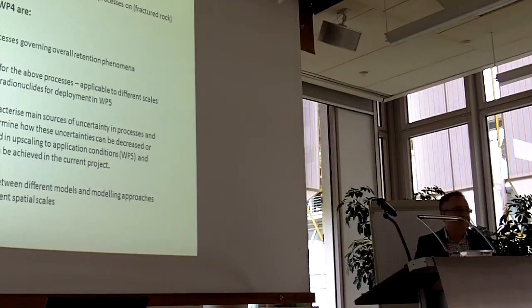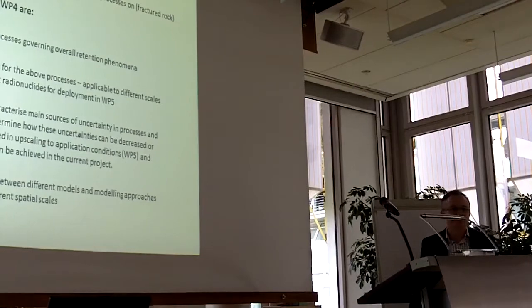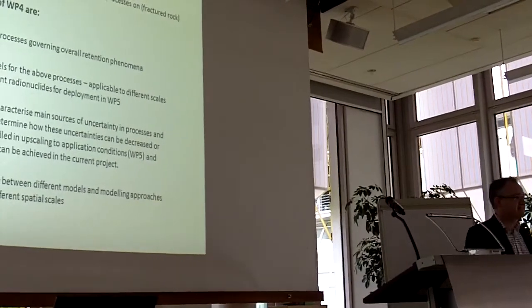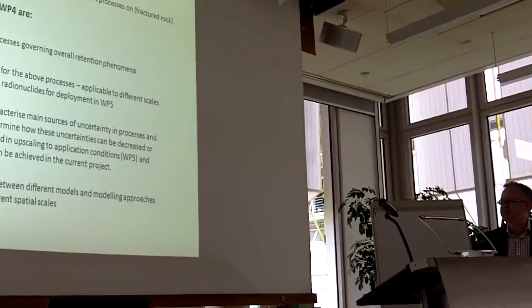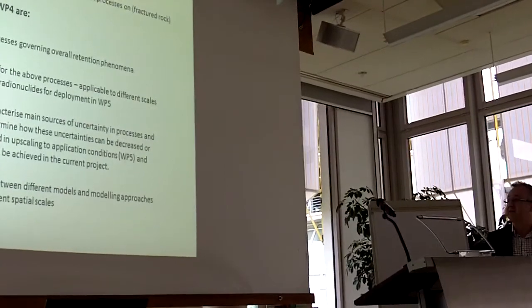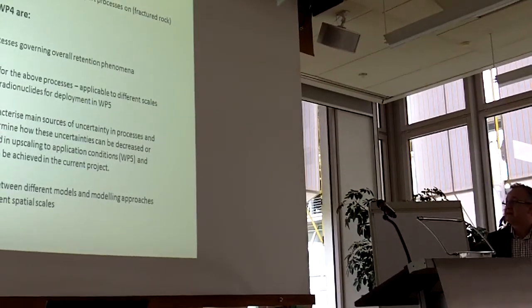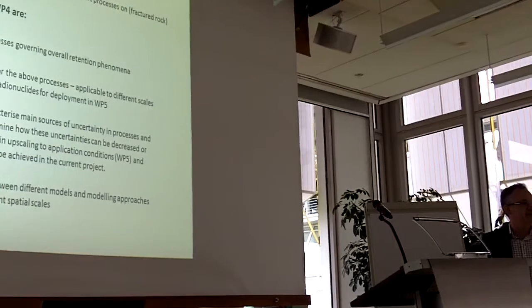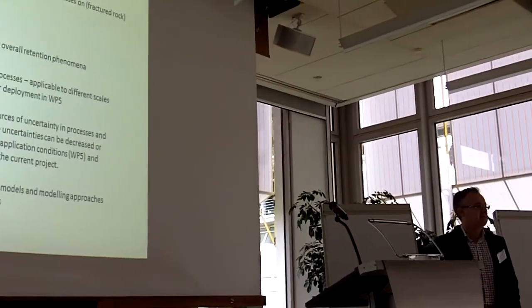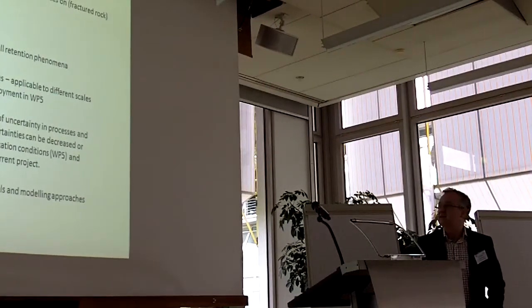The objectives, I don't know if I really need to go into detail with these because I think we've been doing these exercises long enough now that everyone knows what we're talking about. But basically, we want to model sorption in a way which will reduce uncertainties in the PA.